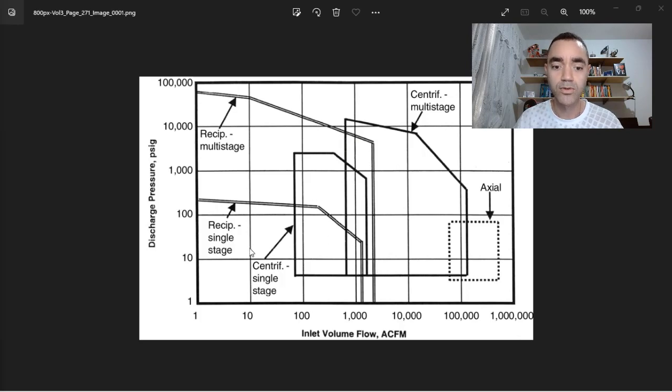And so on, you can see there is a delimitation for reciprocating compressor single stage, centrifugal compressor single stage, and so on. So with this chart, you have the first tip on how to choose the rotating equipment that you need for compressing gas.